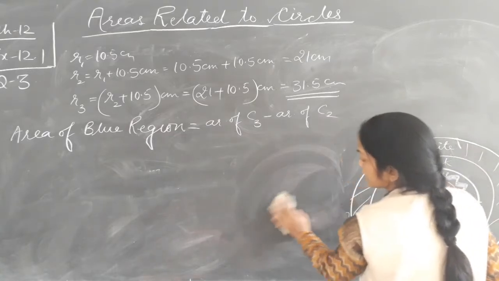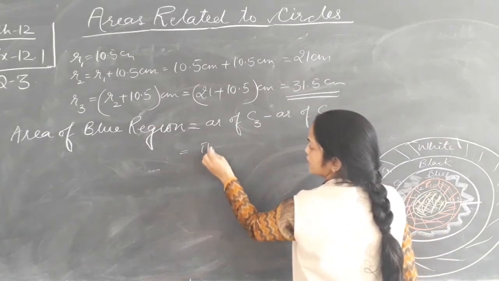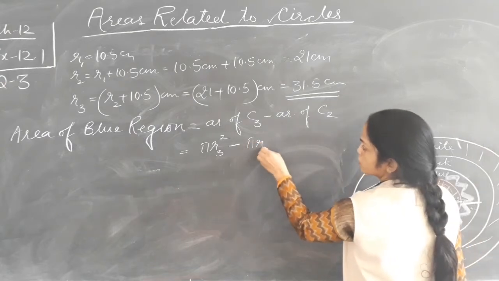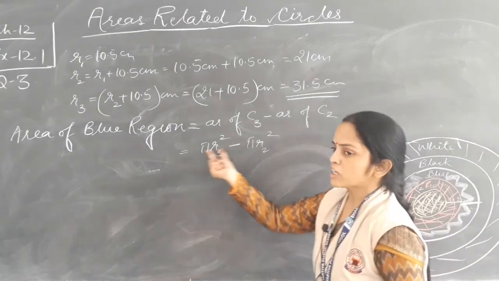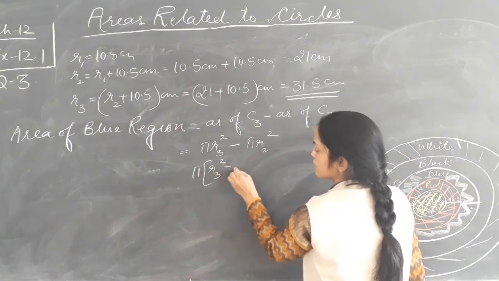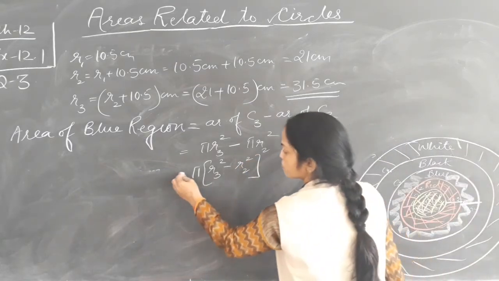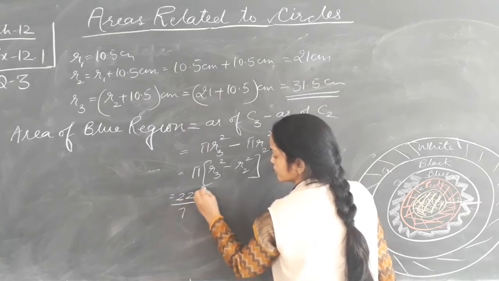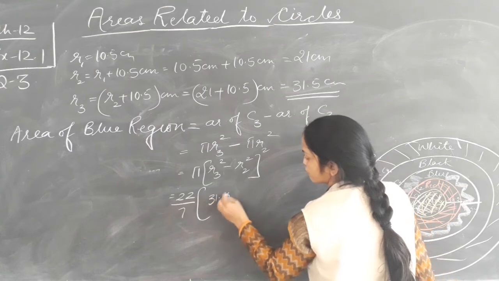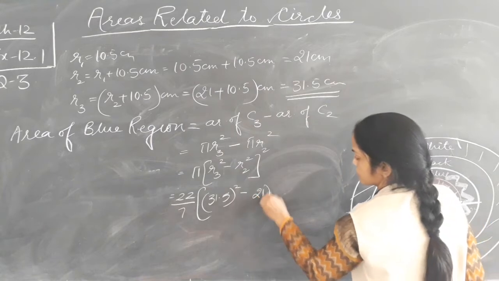Now for finding the area of blue region, area of C3 will be pi R3 square minus area of C2, which is pi R2 square. Can we take pi common from these two? Again by taking pi common we will get R3 square minus R2 square. Now put all the values and calculate. Value of pi is 22/7 into R3, which is 31.5 whole square, minus R2, which is 21 centimeter.